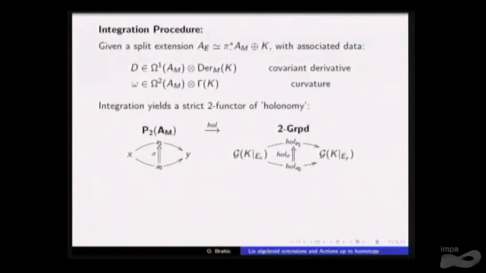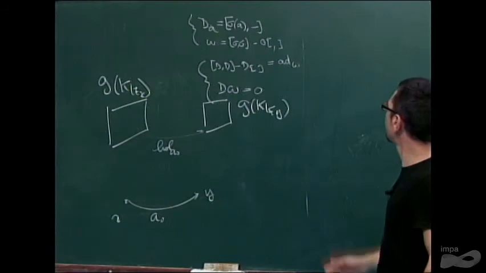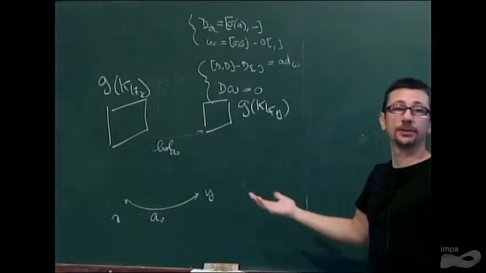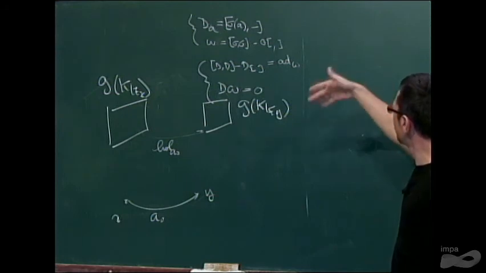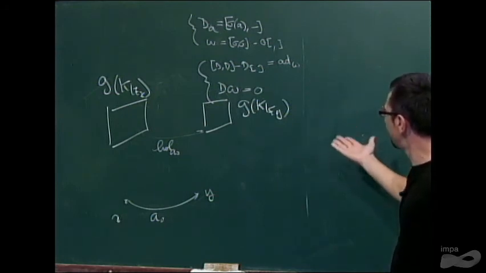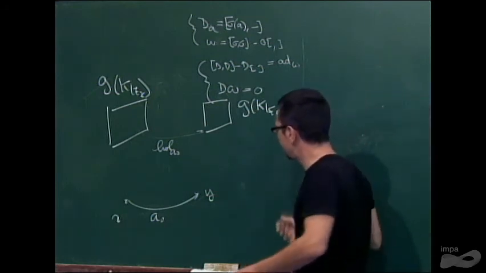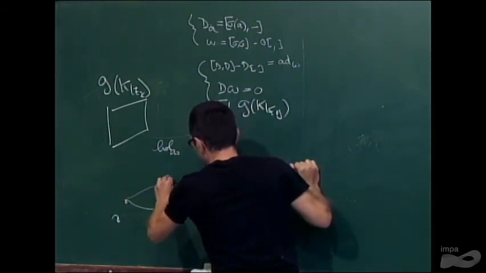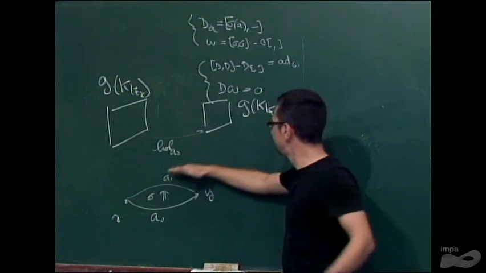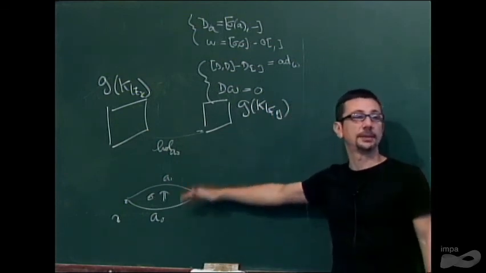Okay, so that's the first layer. But what happens is that there's curvature. This is omega that is messing around. If there was no curvature, the general principle is that if you have two homotopic paths on the base, then the holonomy does not depend on the homotopy class.